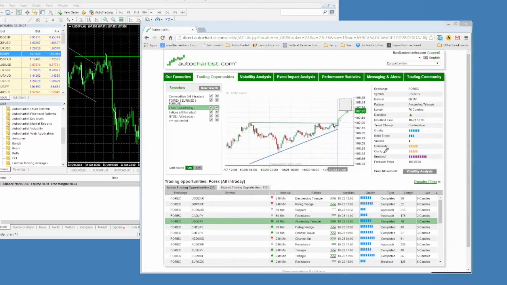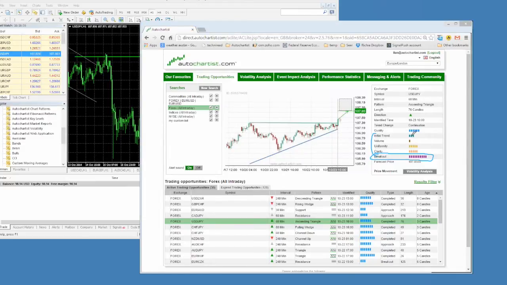Okay, so one thing I want to highlight here, that's very important, and the primary reason why I actually prepared my screen on this chart pattern specifically, is the section I circled right now, which is the breakout. So Autochartist provides a whole array of what we call visual quality indicators: initial trend, volume, uniformity, clarity.